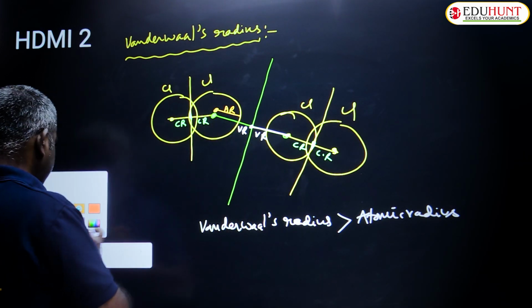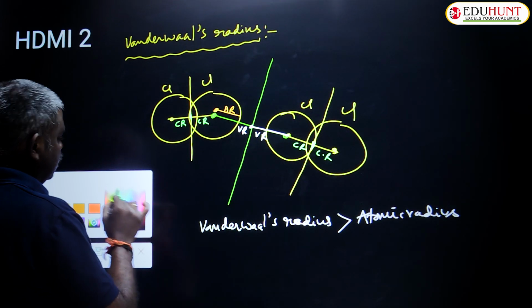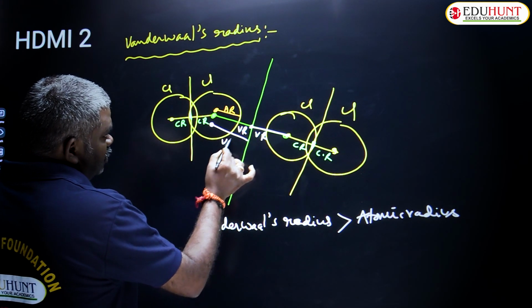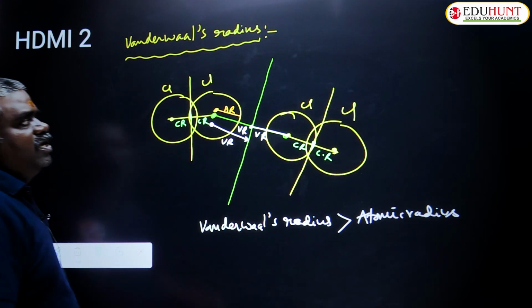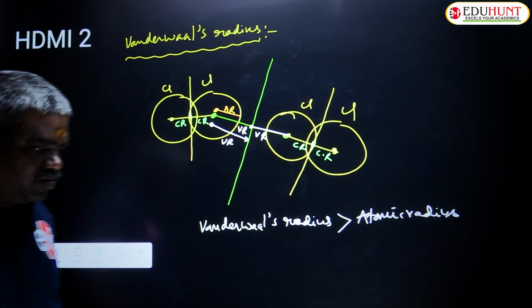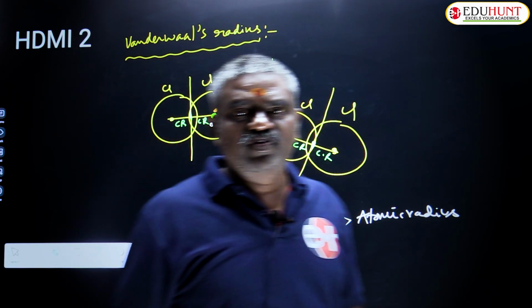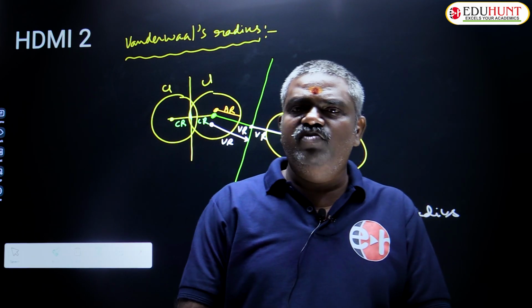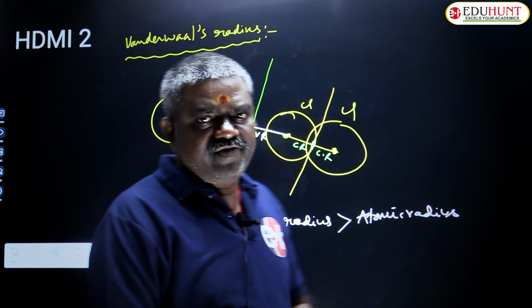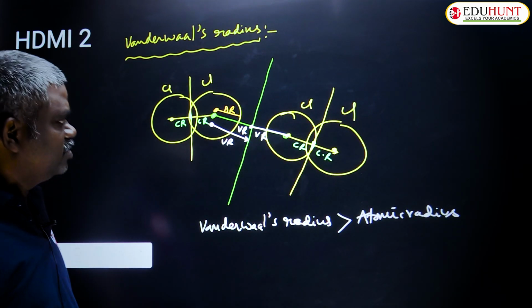What is the van der Waals radius? From here to here. See, van der Waals radius is very high when compared to atomic radius. So van der Waals radius is mainly expressed for solid state molecules only.